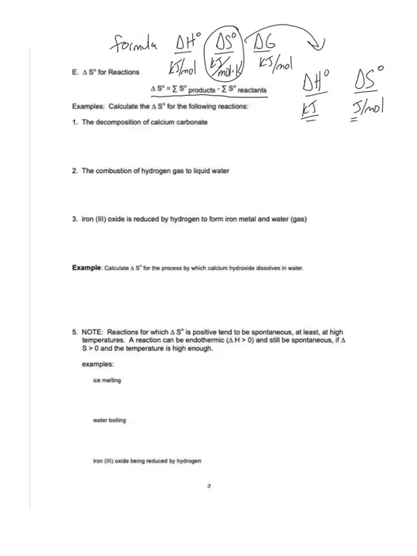I'm going to do problem 2, the combustion of hydrogen gas to liquid water. Okay, so hydrogen gas, H2, diatomic. If it's combustion, it's going to react with oxygen, O2, diatomic, producing liquid water in this case. Now we have to balance the equation, and to do so, we'll provide coefficients of 2 and 2 for water and hydrogen gas.